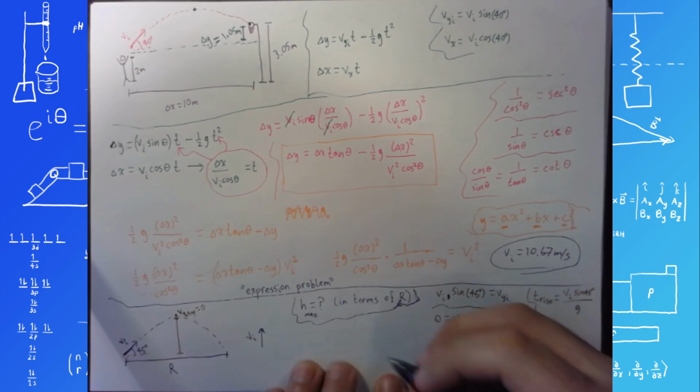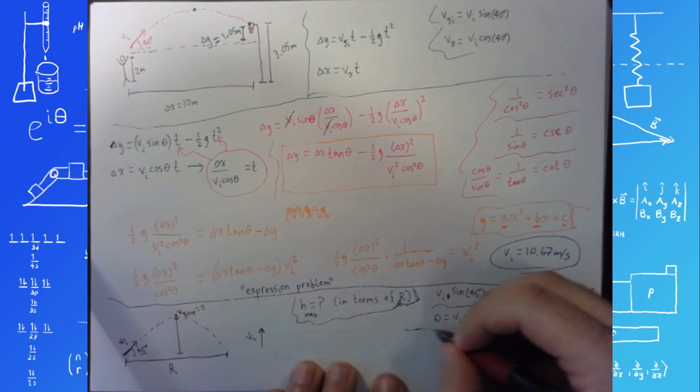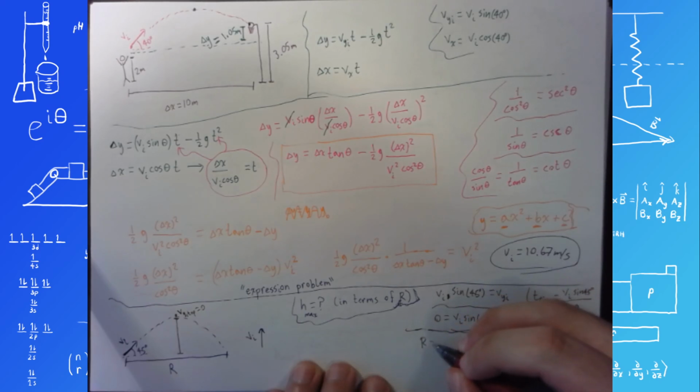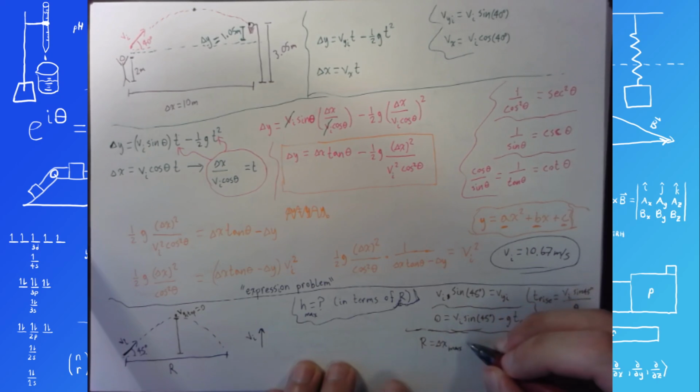So r is going to be our delta x max. R equals delta x max equals Vx times t total, the total hang time.